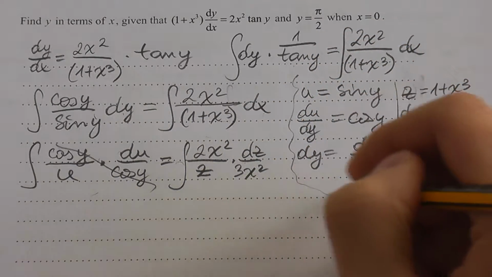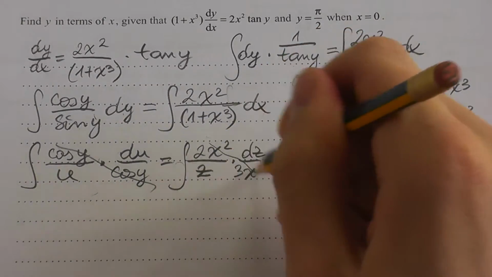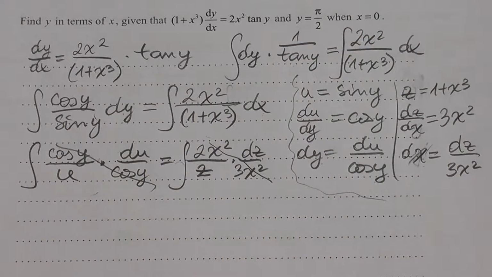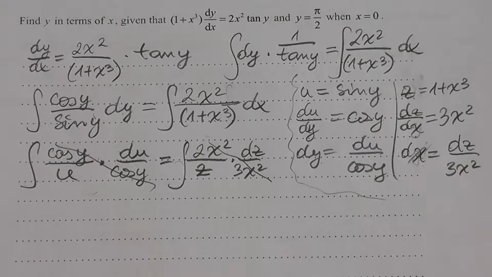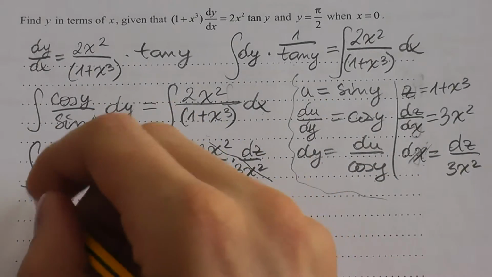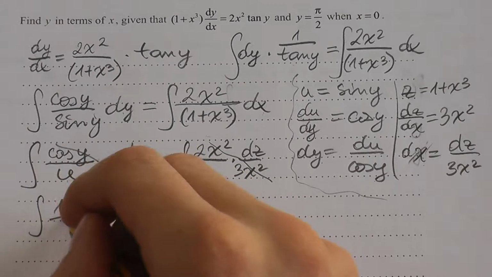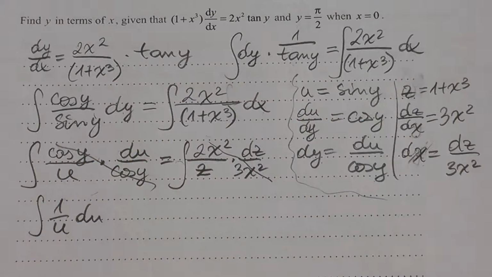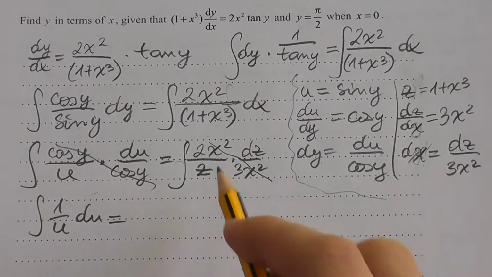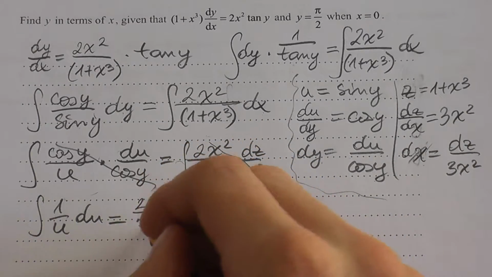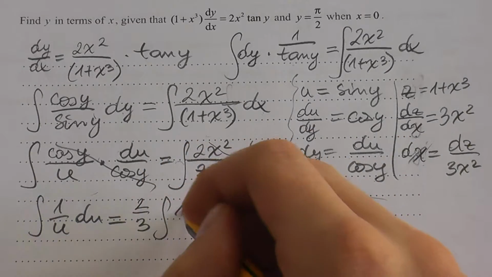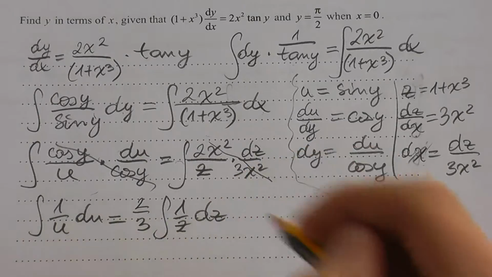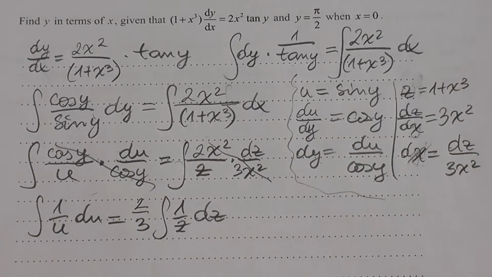Just, this is by the side. And look at this, the x squareds cancel as well. From this, it therefore follows that we're only actually integrating 1 over u with respect to u. And on this side, we pull the constant through, and integrate 1 over z with respect to z. Isn't that easy? Anybody can do that.